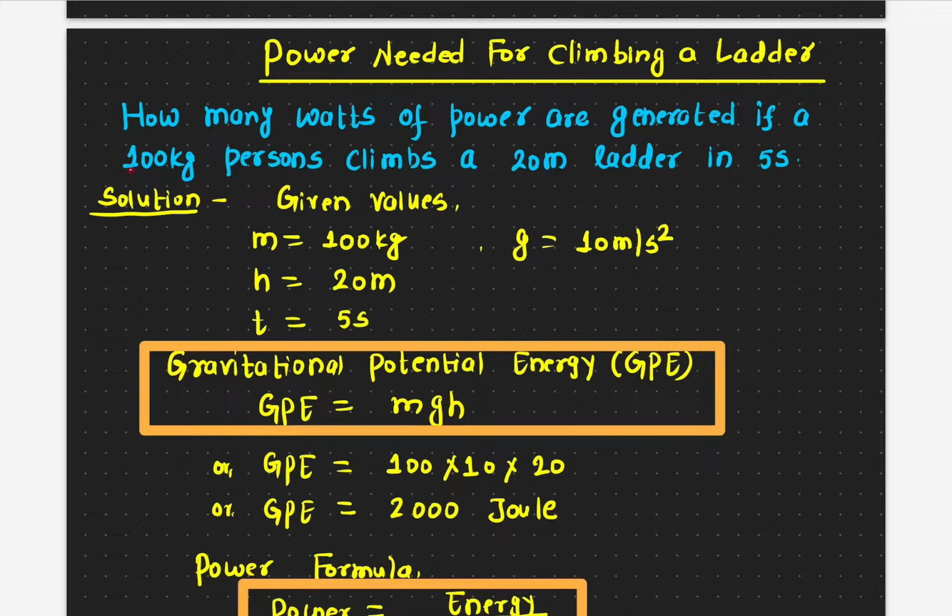Okay, so for example, this 100 kilogram person climbs a 20-meter ladder in 5 seconds. Now let's say your mass is 100 kilogram, and you're also going to climb 20 meter, but you're going to do it in just 1 second. Then you need 5 times more power, because you're going to do the same amount of work or energy, but in a smaller time.